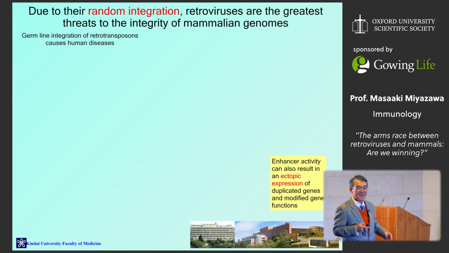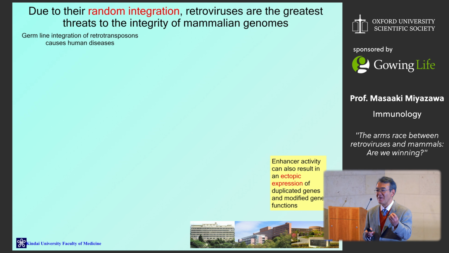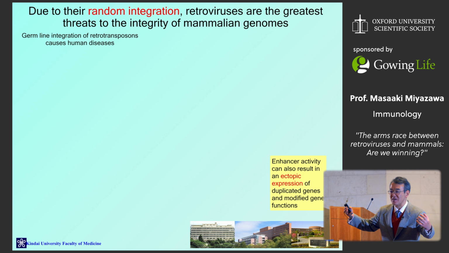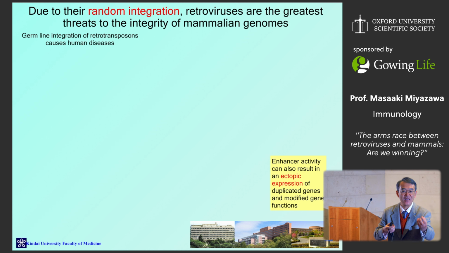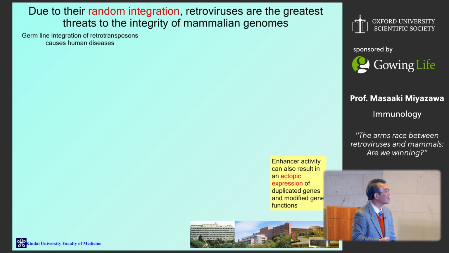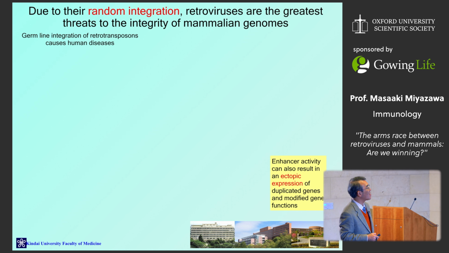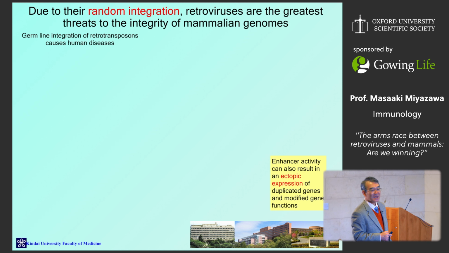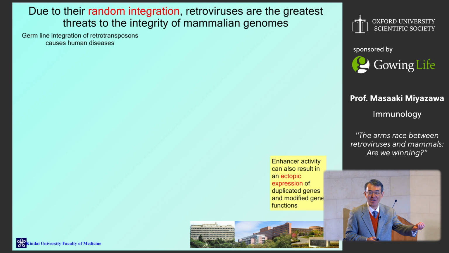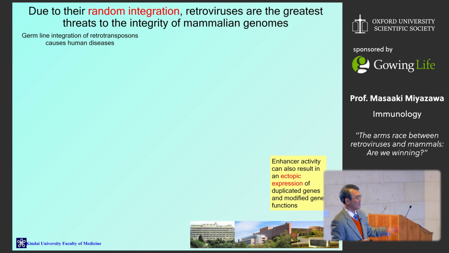So the consequence of that is very, very severe, because retroviral integration disrupts the integrity of our genome. If a retrovirus is integrated in a functionally important human gene, it disrupts that functional gene and causes disease. As a matter of fact, many known diseases of ours are associated with germline integration of endogenous retroviruses that happened millions of years ago.